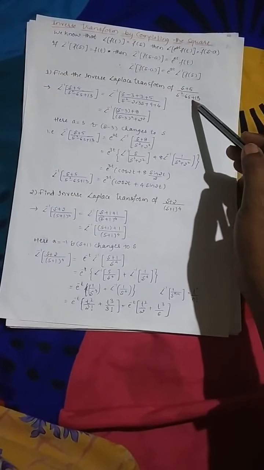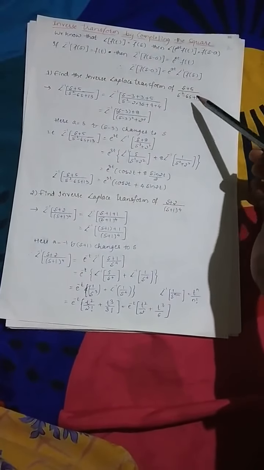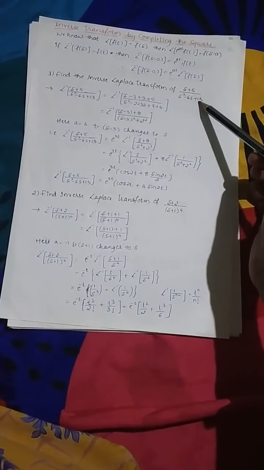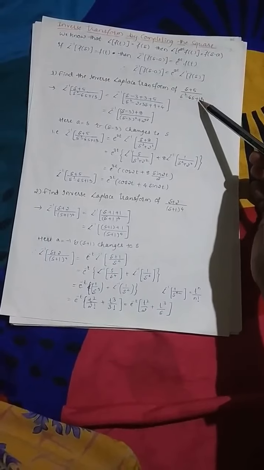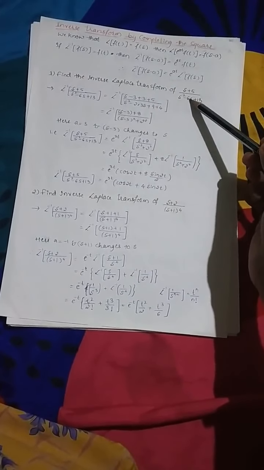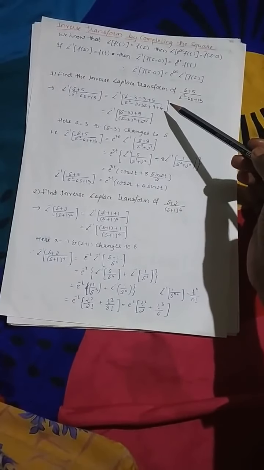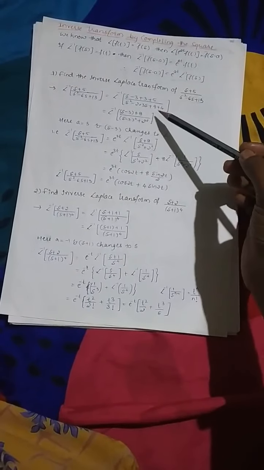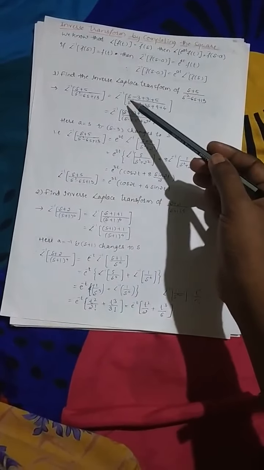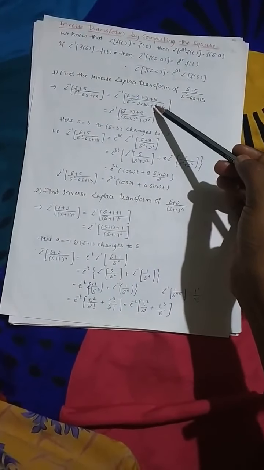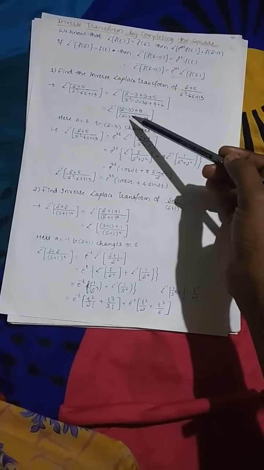You will come to know to apply this property only, because whenever you have a quadratic or cubical term, you can easily change that s term to s minus a. Now you can say it is a quadratic term. Therefore we have easily changed that s term to s minus a term.